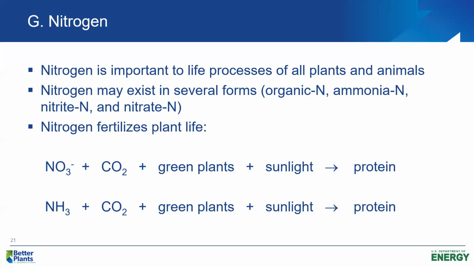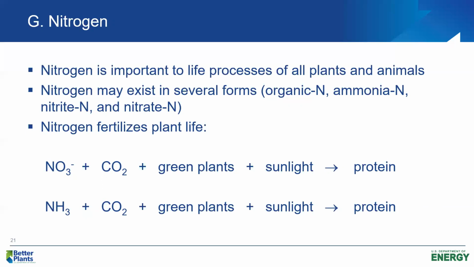And why is nitrogen important? Well, again, nitrogen allows us to make amino acids, which are used in making protein. So one of the most important aspects of nitrogen to bacteria and human beings is the ability to manufacture proteins in our cells.